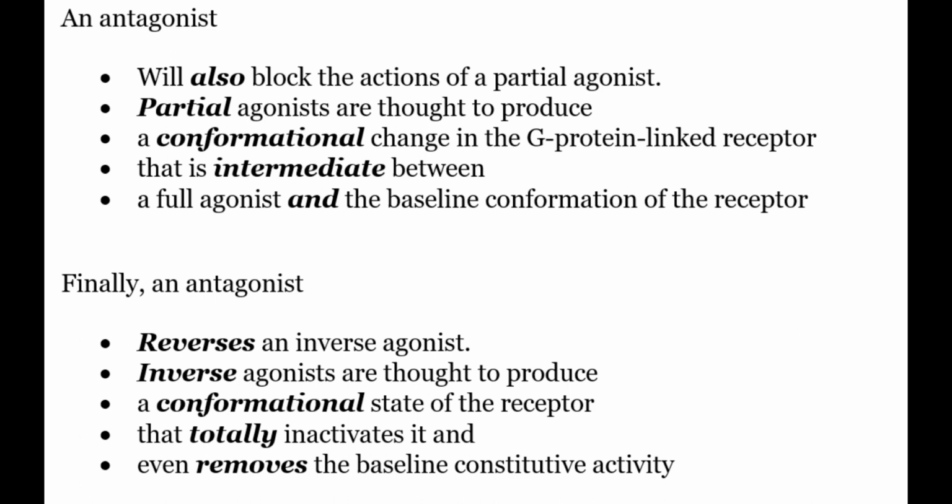Now, partial agonists are thought to produce a conformational change in the receptor that is intermediate between a full agonist and a baseline conformation of the receptor. And finally, an antagonist will reverse an inverse agonist. An inverse agonist is thought to produce a conformational state of the receptor that totally inactivates it and even removes the baseline constitutive activity.